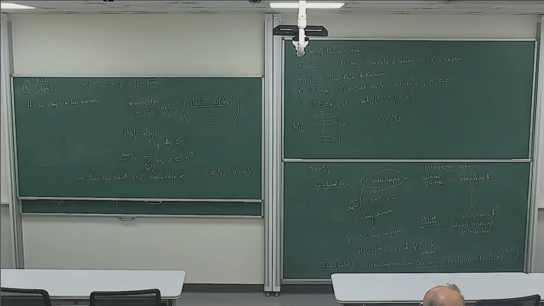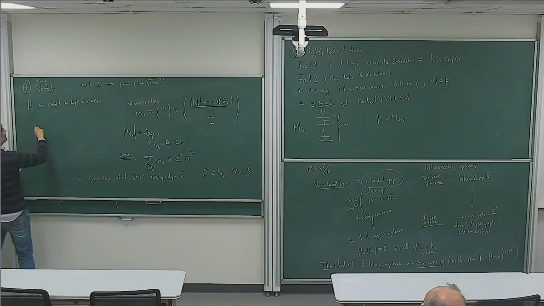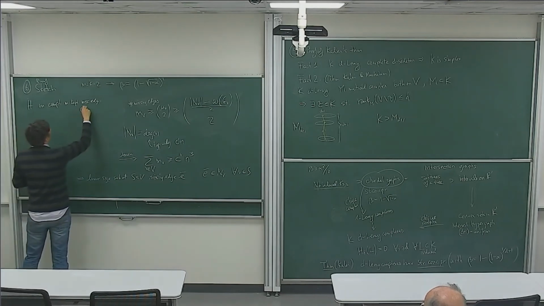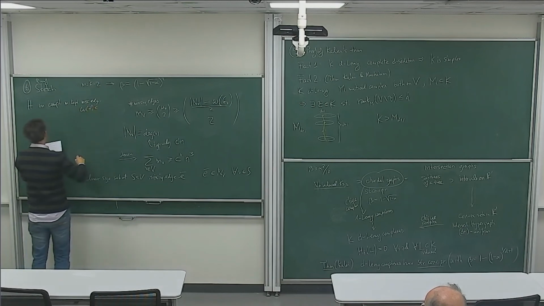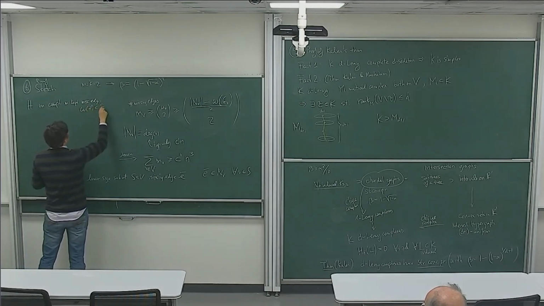And then here's the key lemma. So I have this hypergraph, and let's say that omega(H) is at most c half times n.